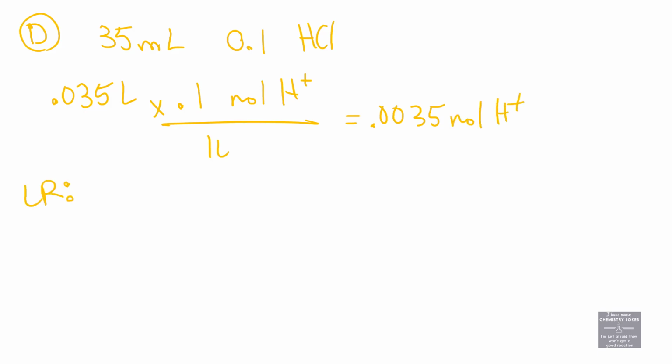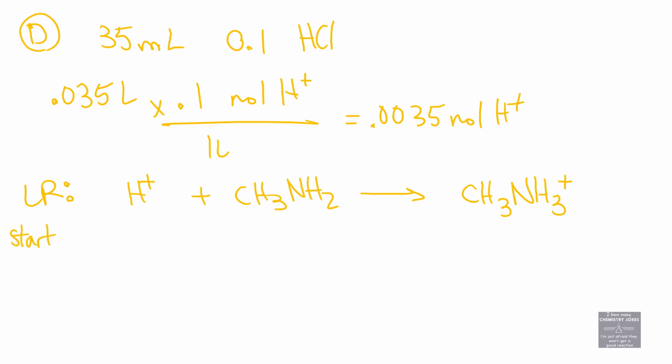Do a limiting reactant table. We've got strong acid plus weak base yields limiting reactant CH3NH3 plus. It's the same equation every time I do this limiting reactant table because I'm continuing my titration. My brain is getting tired of talking and your brain is getting tired of listening.